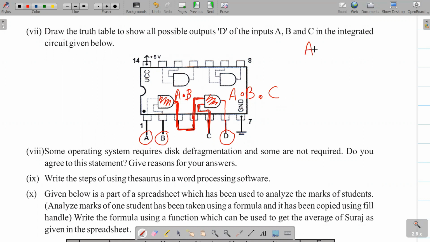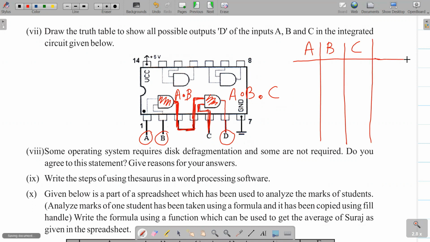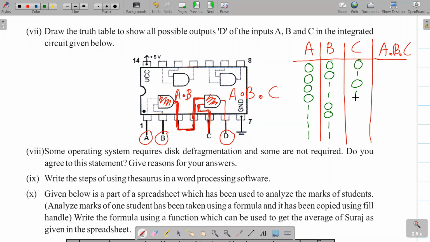So what I can do is I can take A, B, and C, and I'm going to have my output A dot B dot C. All right, so the combinations are going to be like this: 4 zeros, 4 1s, and 2 zeros, 2 1s, 2 zeros, 2 1s, and 0 1, 0 1, 0 1, 0 1.